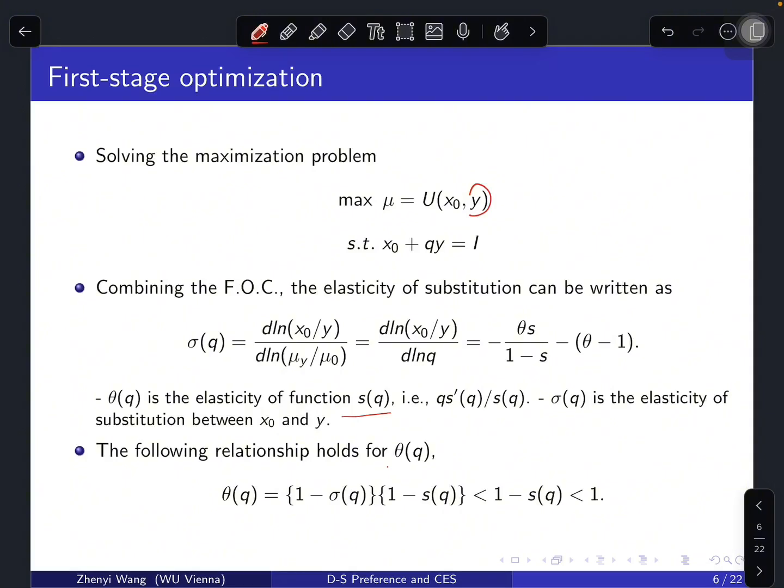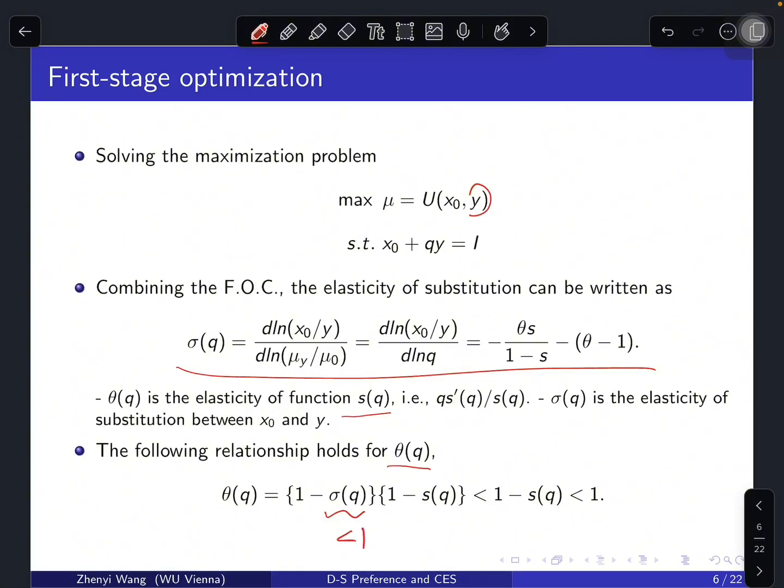Then we could find the following relationship for theta q from this equation: theta q equals the multiplication of 1 minus sigma q and 1 minus sq. We know that the substitution elasticity between products from 2 sectors should be relatively low, which means sigma q is typically less than 1.